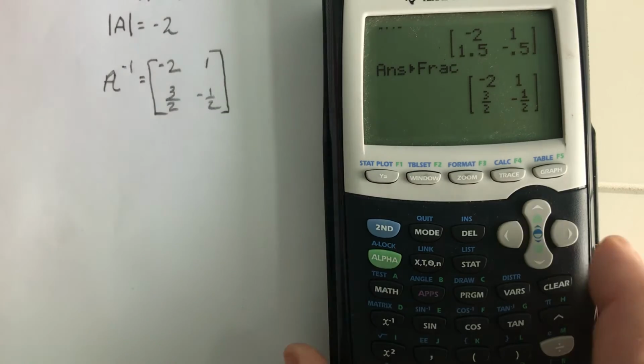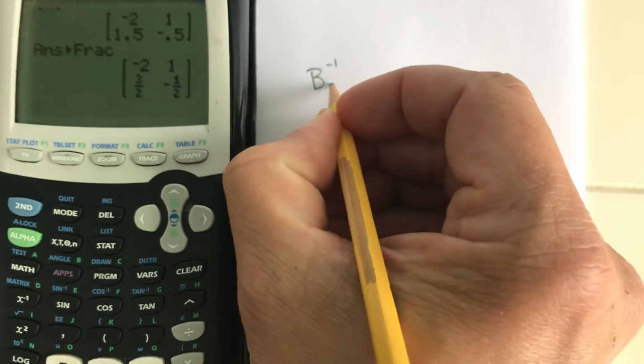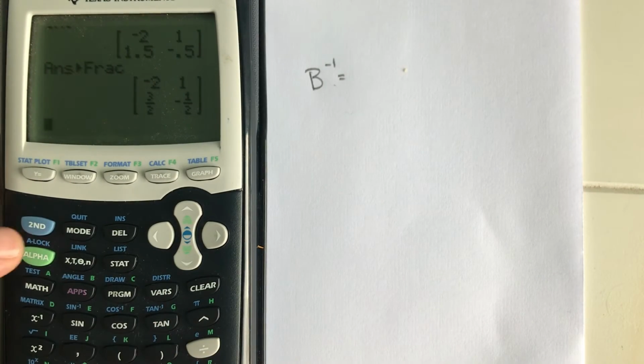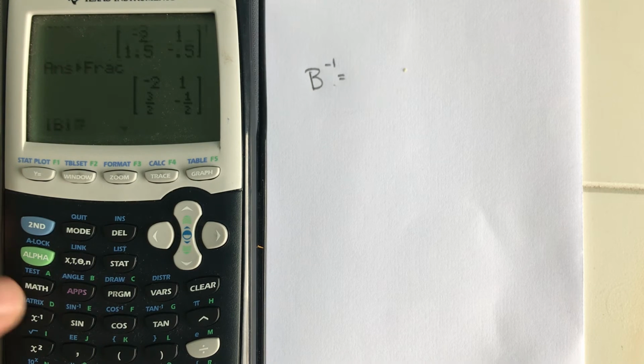All right, so let's figure out the inverse of B. So B inverse. Here we go. Get B out. Hit the inverse button.